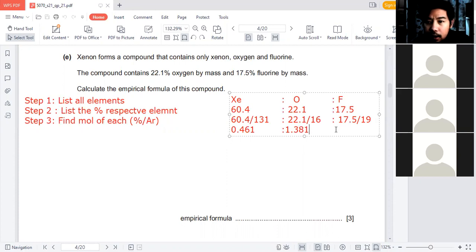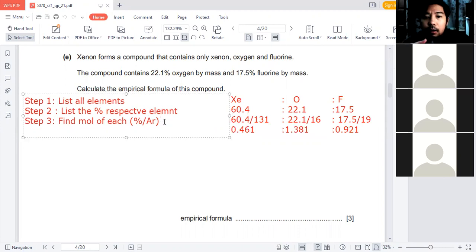And another one would be 17.5 divided by 19, so it's 0.921.